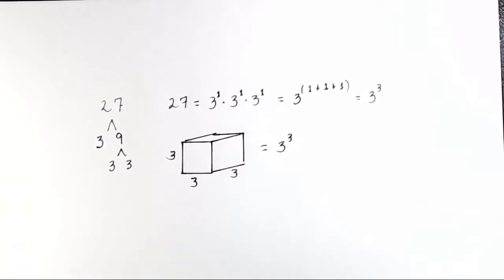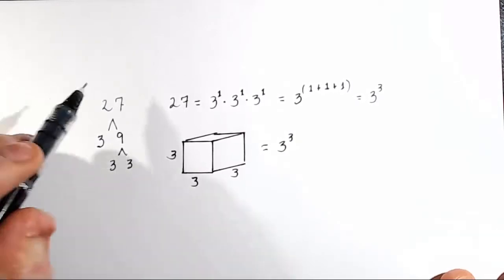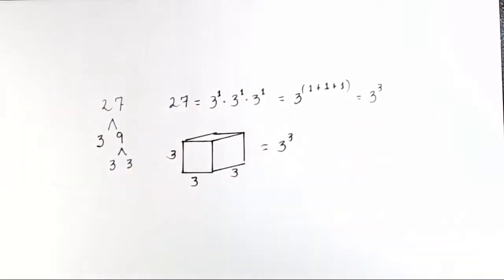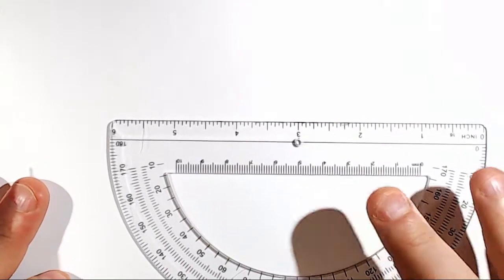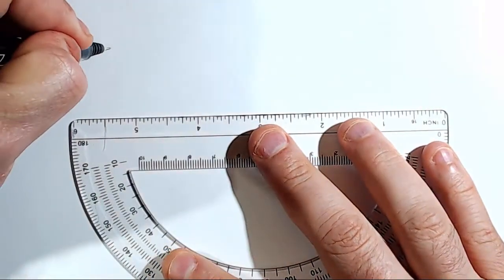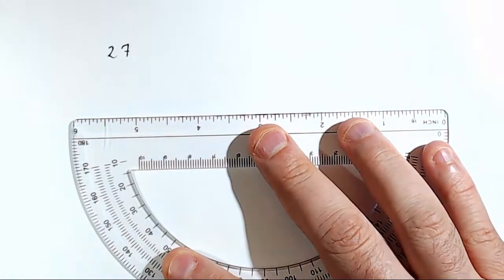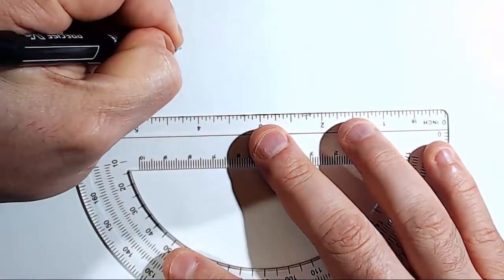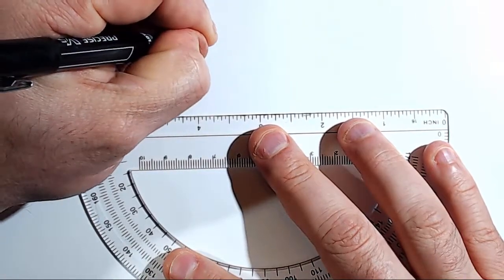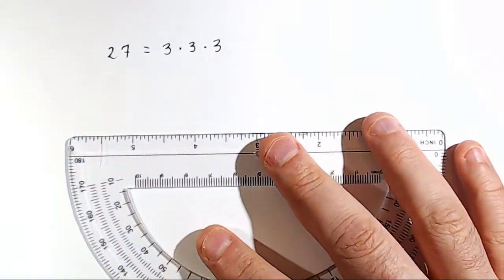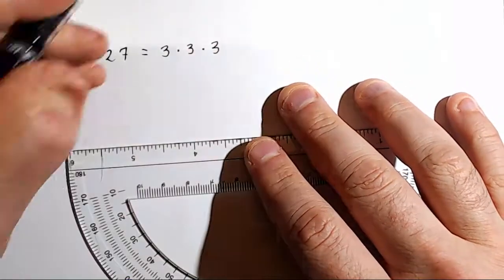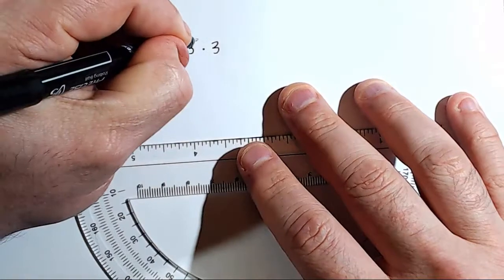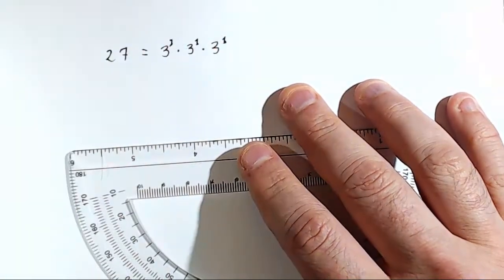So that's fine. Now let's take a look at how we can use this knowledge when taking roots. All right, let me move this up a little bit. And let's look at 27 again. Remember, we said 27 is equal to the product of 3 times 3 times 3. And the last time we grouped them together by multiplying all of these together with their exponents of 1, and we came up with 3 cubed.